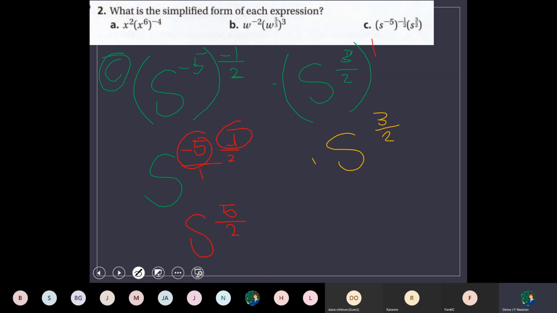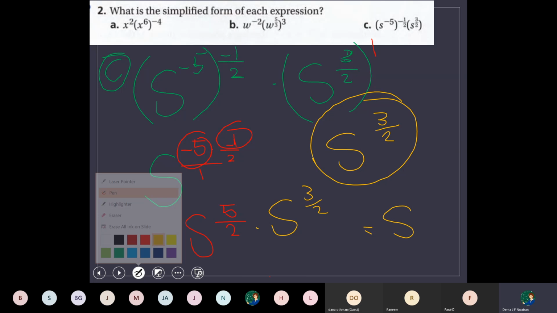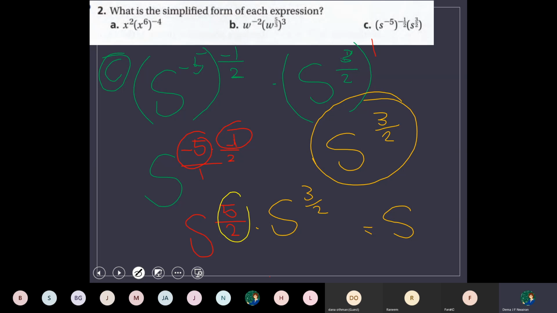Then this one times s raised to the power 3 over 2: we have two bases that are the same, so I will add the exponents. 5 over 2 plus 3 over 2.